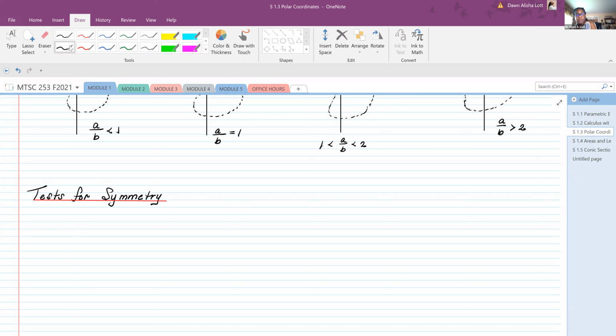All right, so the test for symmetry, there are 3 tests. Okay, so that first one is symmetry about the x-axis.